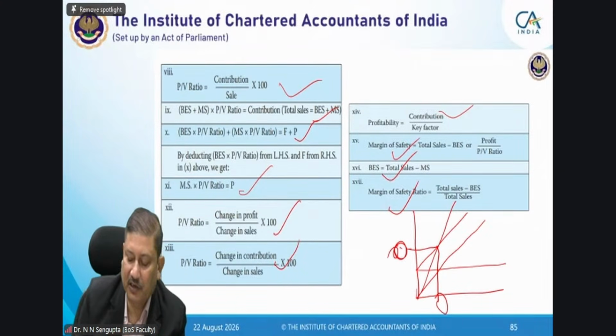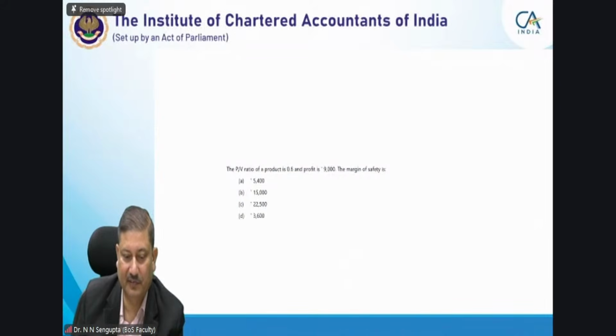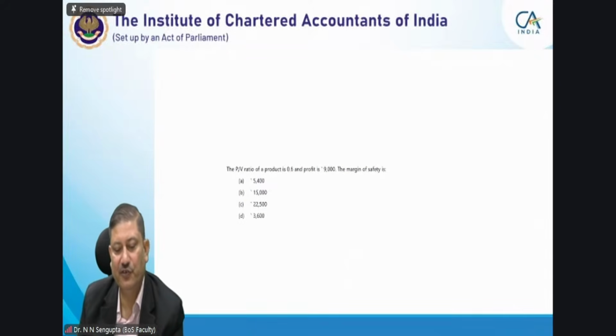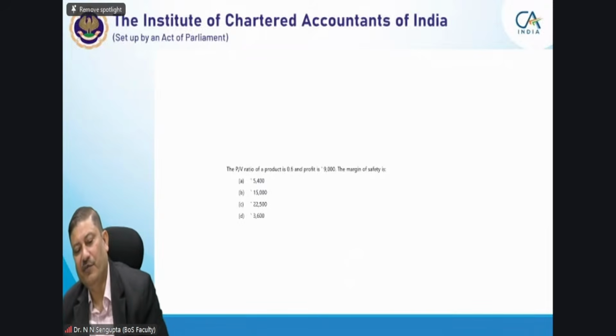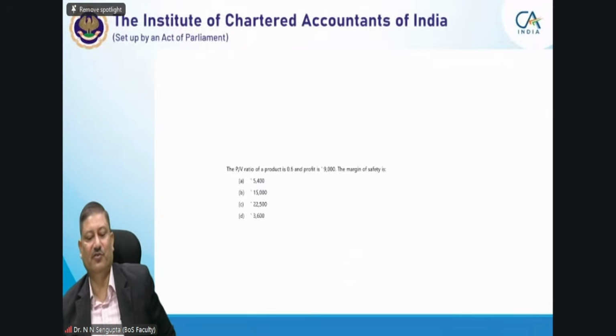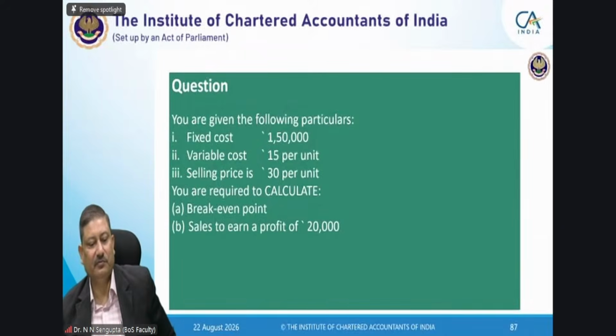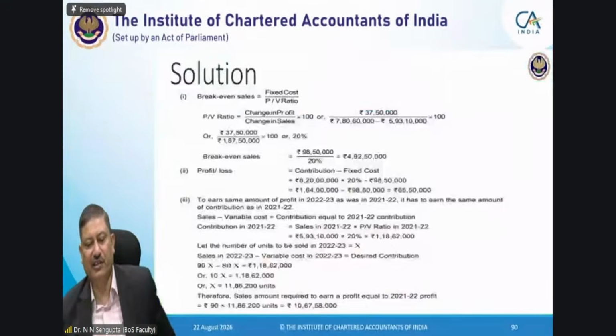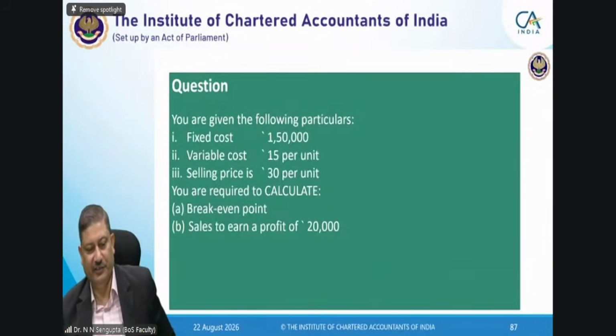So the concept is based on that. Here is a small question: PV ratio is given and profit is given. So profit by PV ratio will be the margin of safety. Okay, we'll do one or two more questions and then we'll finish it off.